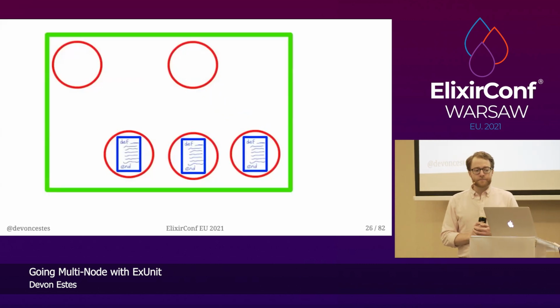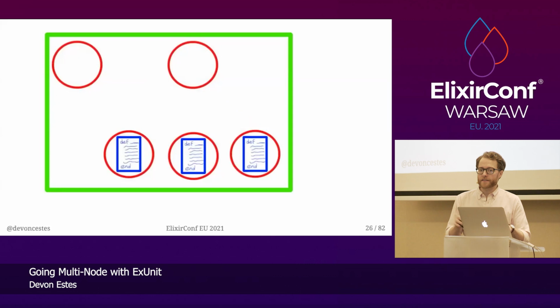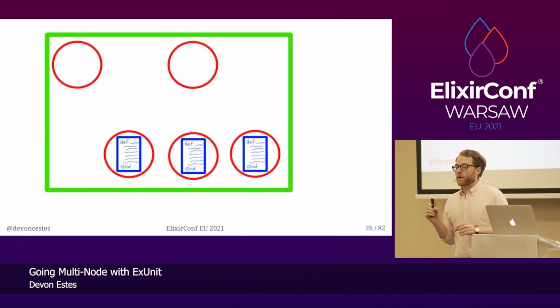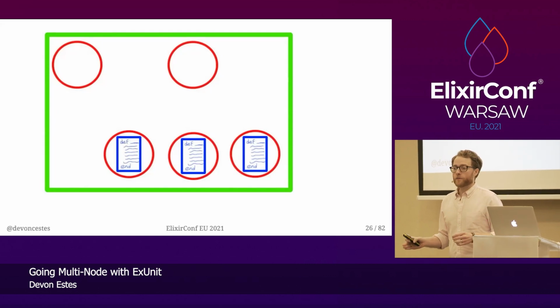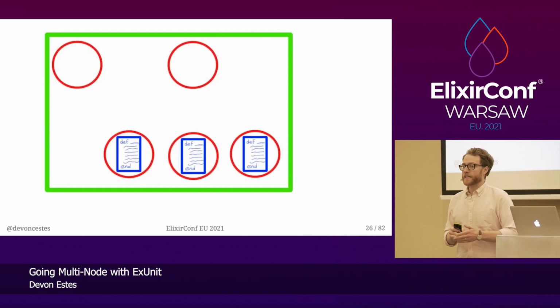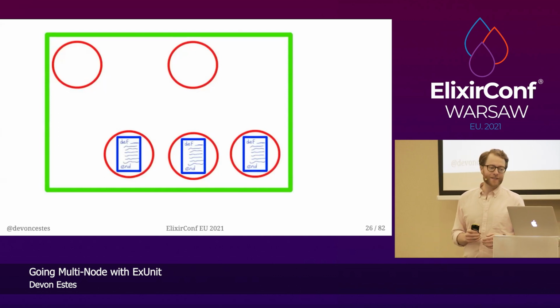And normally, when we do this, when we sit down and type mix test and hit enter, all of this is happening within the context of a single node. Now, when I use the term node today, what I'm going to be describing is a single instance of the Beam VM, the Beam virtual machine. This is the virtual machine that actually executes our Elixir programs. There is a technical definition of a virtual machine that I don't know because I don't have one of those fancy university computer science degrees.